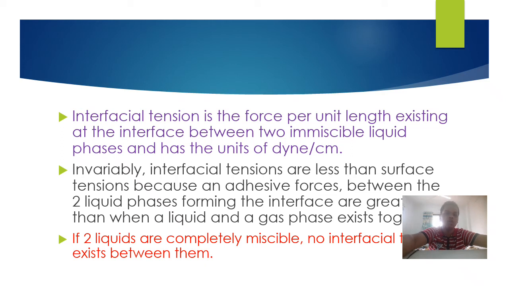If two liquids are completely miscible, then no interfacial tension or interface exists between them. As we have stated, the interface is the type of boundary between two liquids, and it exists only when the phases are immiscible in each other. When the two liquids are miscible, the question of interfacial tension existing between them does not arise.